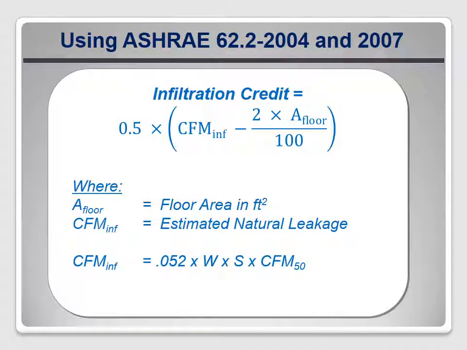The natural infiltration is 0.052 times the weather factor times the height factor times the blower door result in CFM at 50 pascals. But there's a big difference. The W weather factor and the S height factor come from ASHRAE 136, and they're different than those listed in the 2013 version of ASHRAE 62.2, and they result in a higher infiltration estimate than those in the new standard.